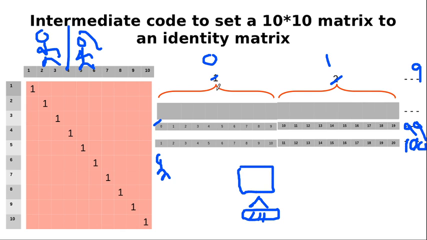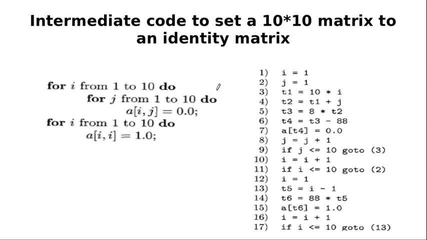Now we are trying to write the 3 address code for it. First, i equal to 1 and j equal to 1. Now observe, when I am talking about f[i][j], it is row then column, the row ends and then the column begins. So how many elements are there under each and every row? 10. That's why I must first compute my row into 10.